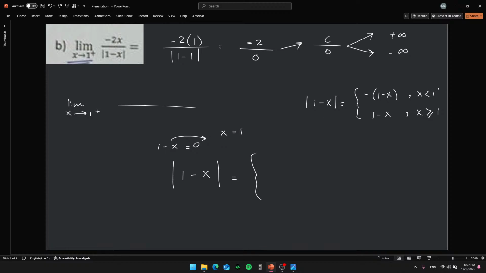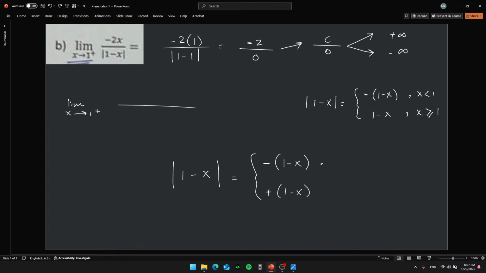Now for the top function you have to multiply by the sign, so x is negative, so I have to multiply by the sign of the x for the top function, and for the bottom function I just flip the sign, so positive 1 minus x. Okay, so that's what I did basically.